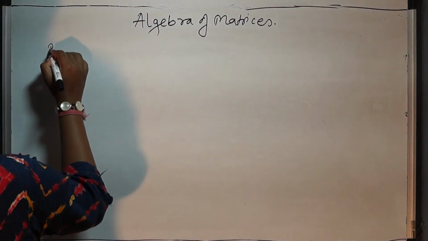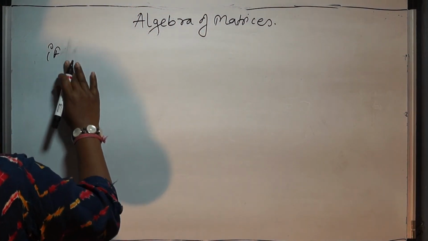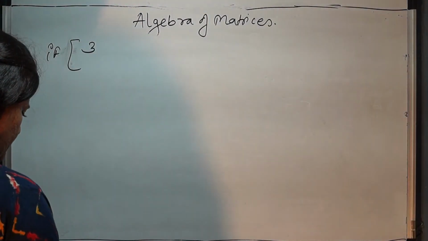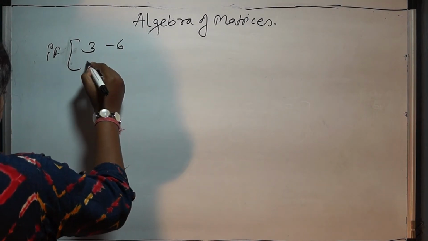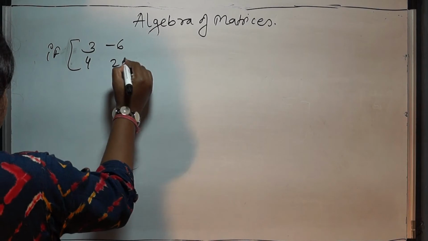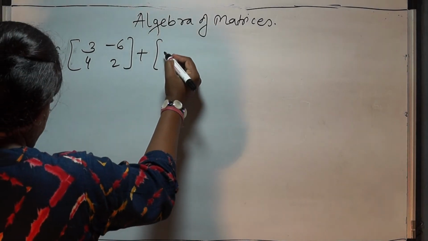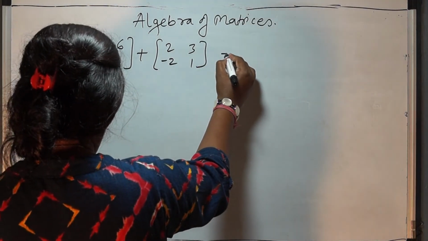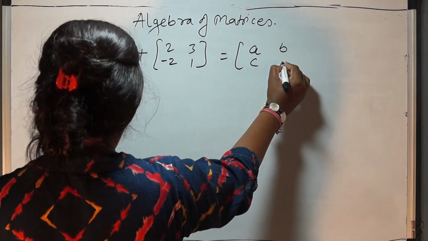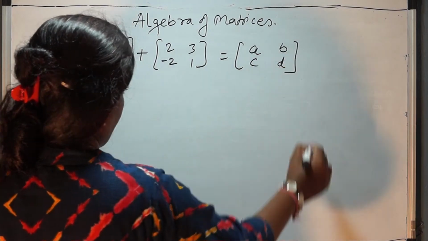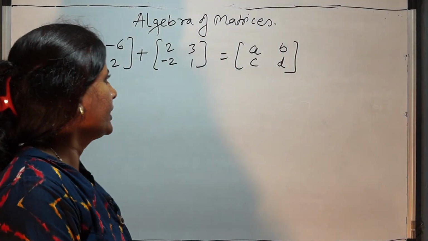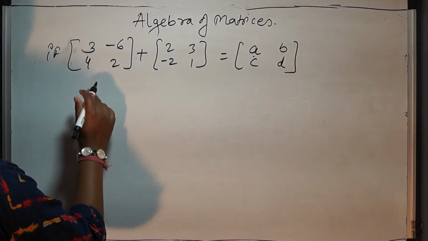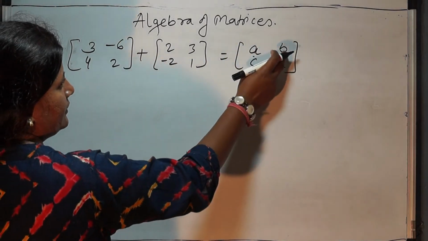If 3 minus 6, 4 2 plus 2 3 minus 2 1 is equal to A, B, C, D. We just have to find A, B, C, D. So I told you, addition of this will give values of this.